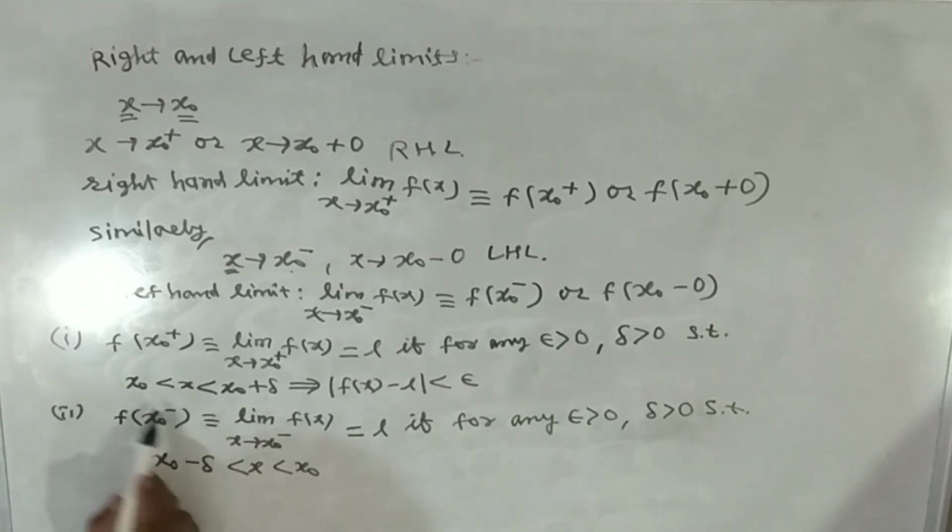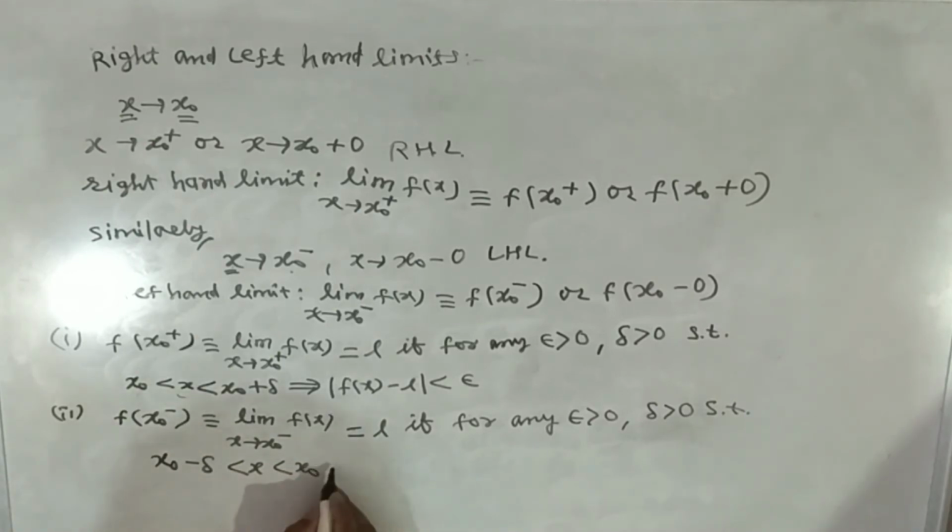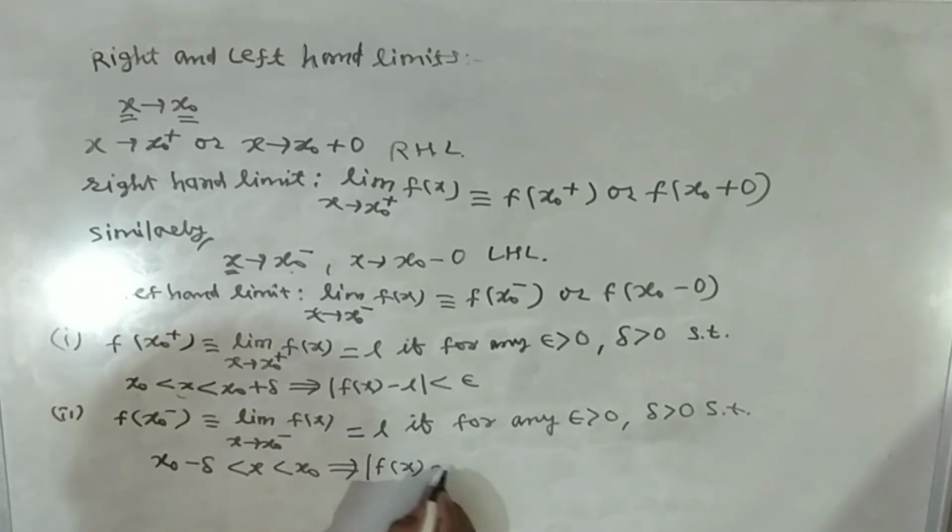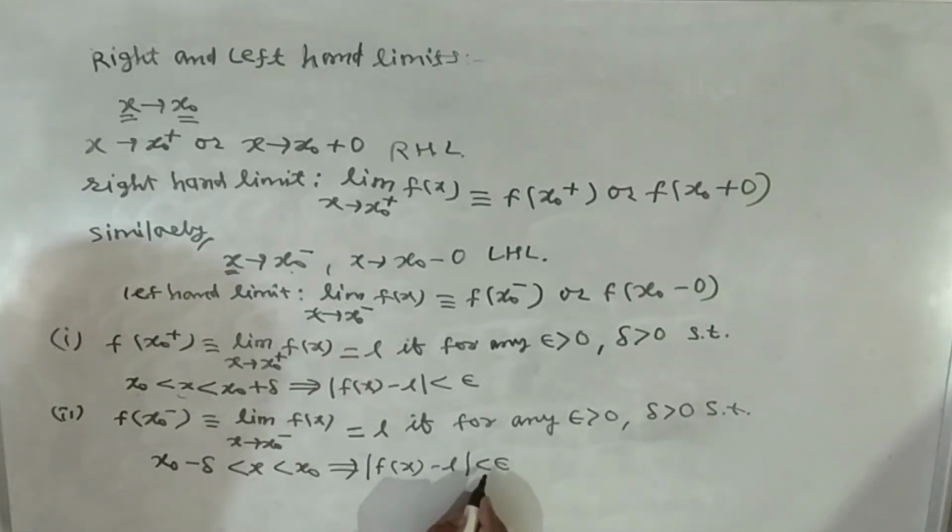In the right hand limit, x0 is less than x and this x is less than x0 plus delta, and in the left hand limit, x0 minus delta is less than x and this x is less than x0, and this implies that mod f of x minus L is strictly less than epsilon.